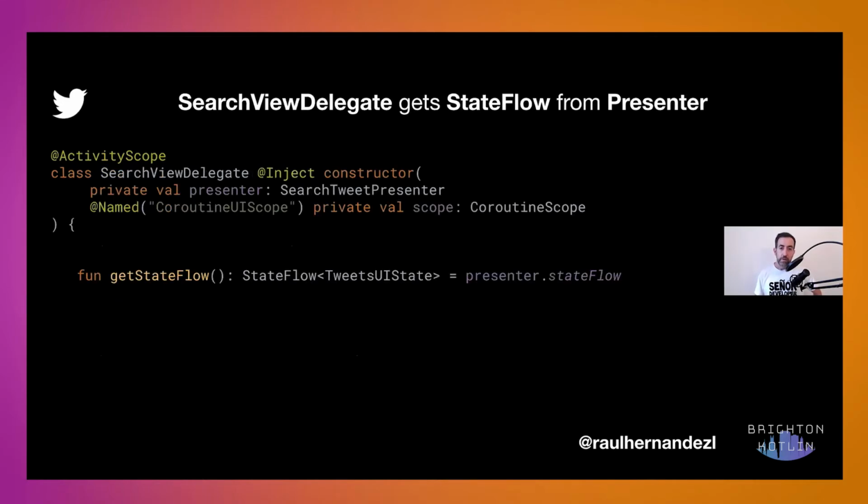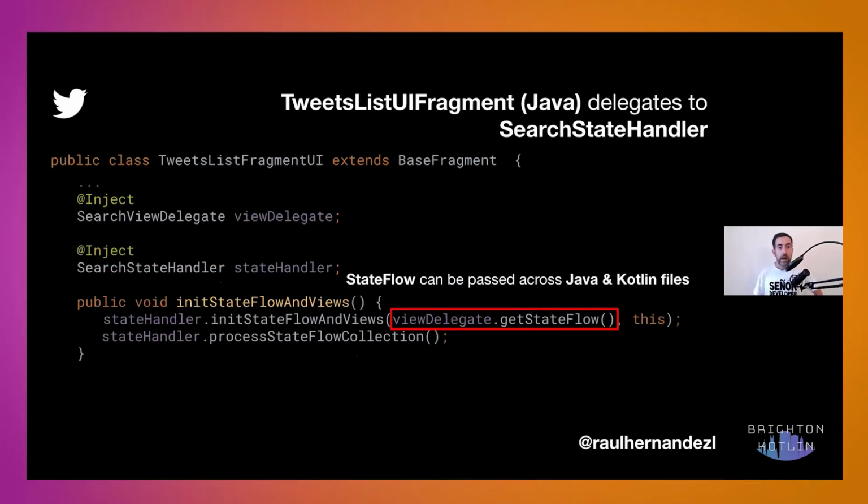Now the view delegate is going to do exactly the same. It's connected with the presenter and it's exposing this to the next entity to work with. In this case, I use a fragment from my UI, but you could use an activity, you can use a custom view, whatever you prefer. And I injected here a view delegate, the state handler and the state flow for us to handle those different state flows.